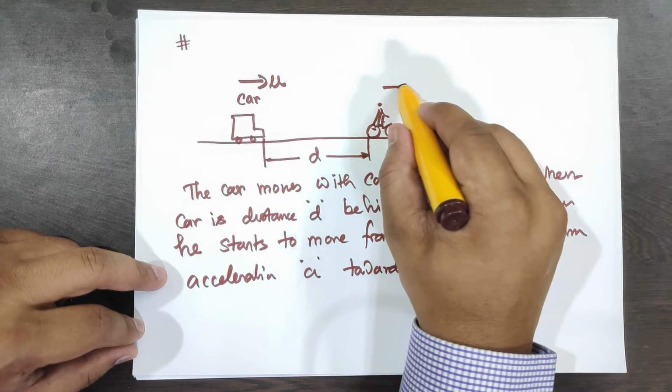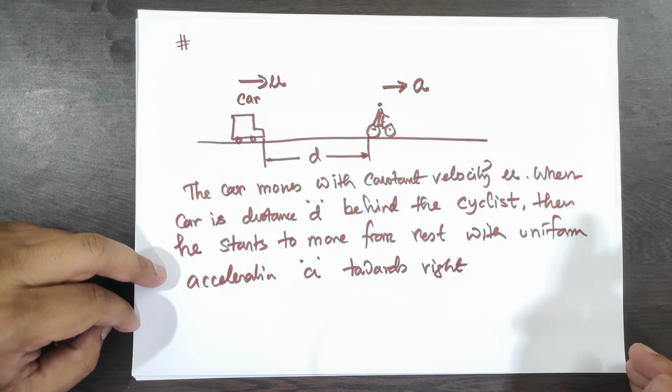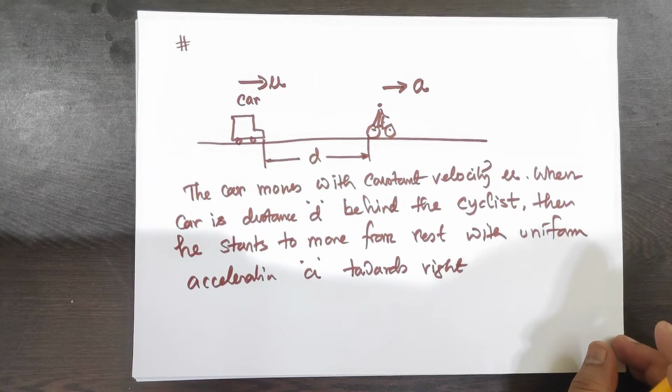So at the start its velocity is 0 and it will have a constant acceleration A.